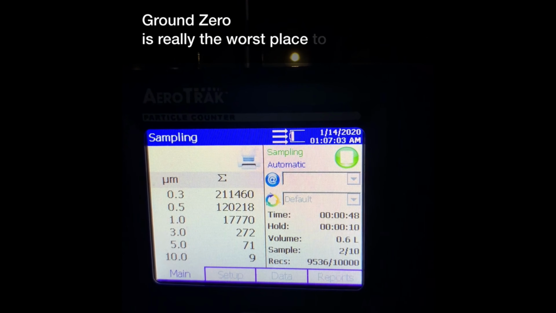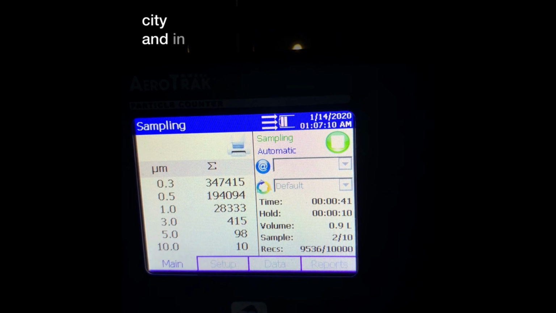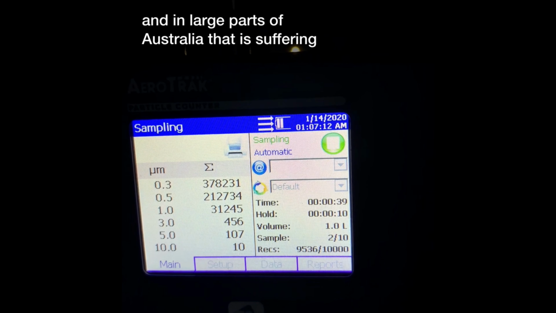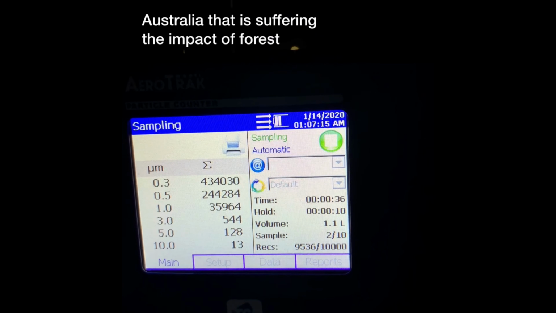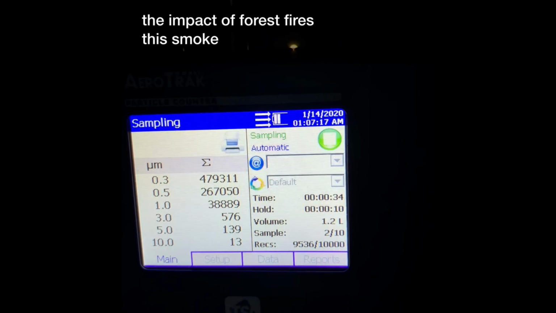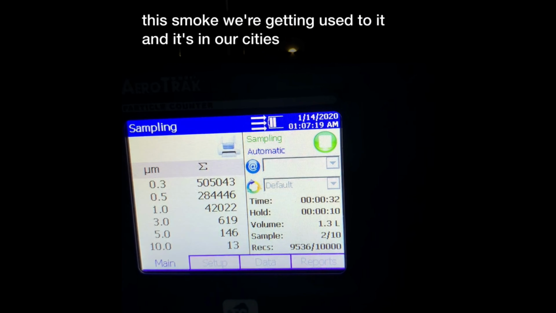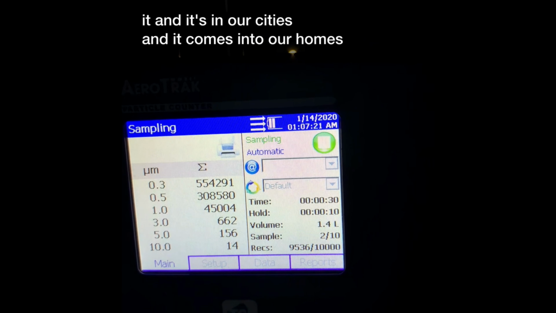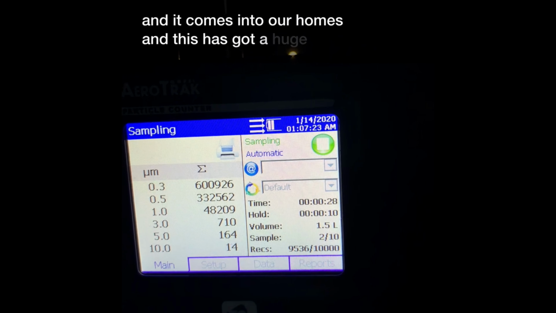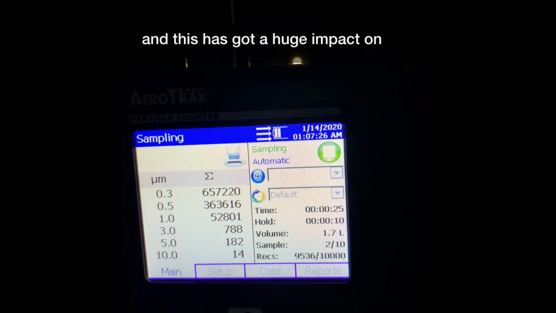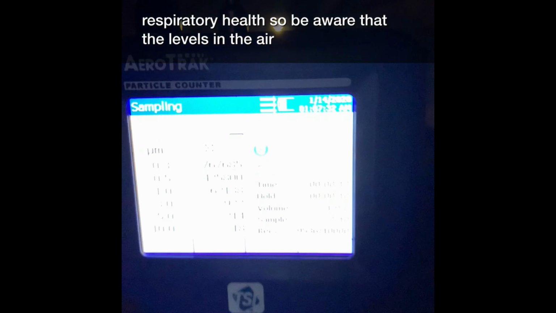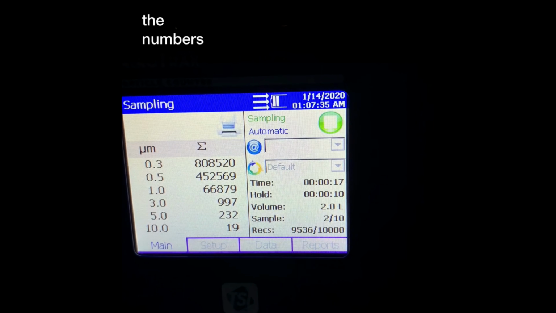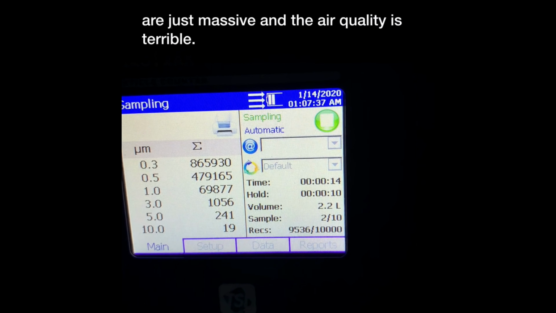But all of this smoke ends up blanketing the city, and in large parts of Australia that are suffering the impact of forest fires, we're getting used to it. It's in our cities and it comes into our homes, and this has a huge impact on respiratory health. So be aware that this is what's in the air. The levels, the numbers are massive.